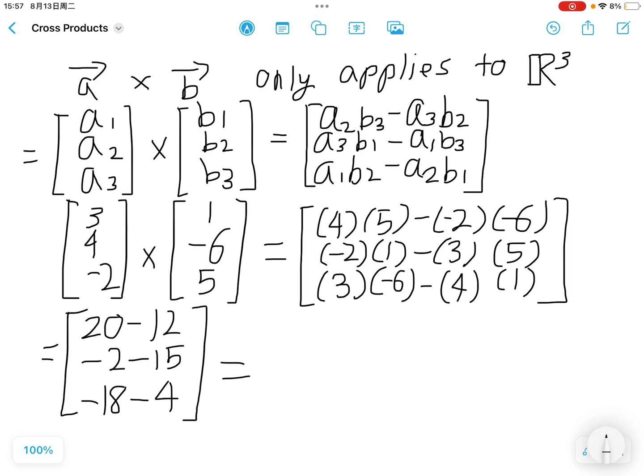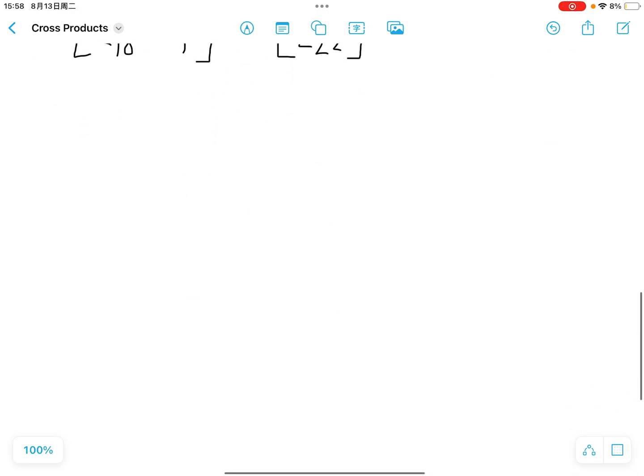So this is equal to 8, negative 17, and negative 22. So this is the first example. Let's look at another example.